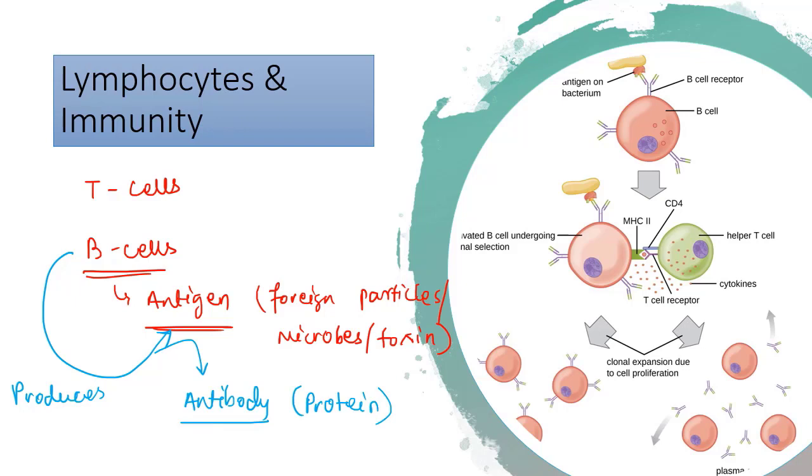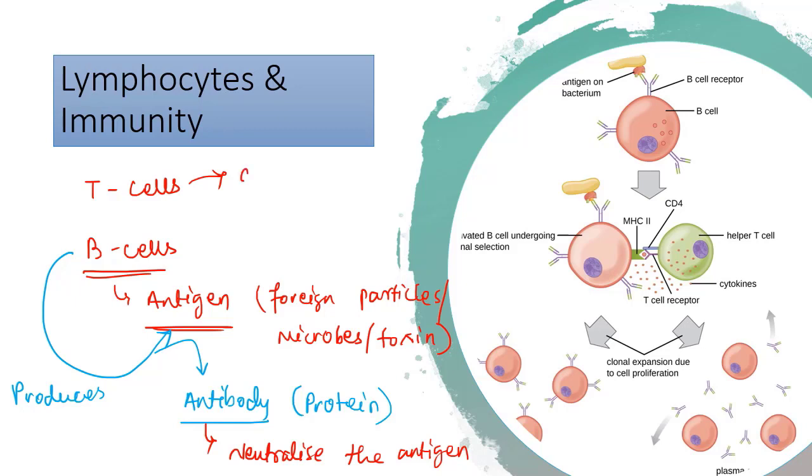Now this antibody fights against the antigen. What do they do? They neutralize the antigen. Whichever is coming from outside, they are going to fight against it and break it down completely. They also have a memory of what's going on. There is another one called the T cell.